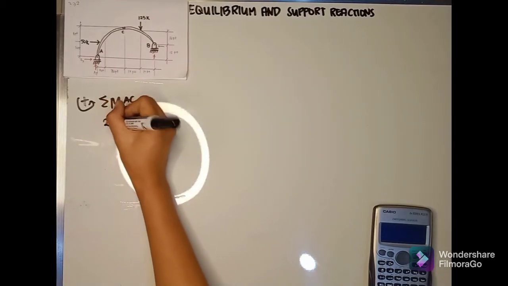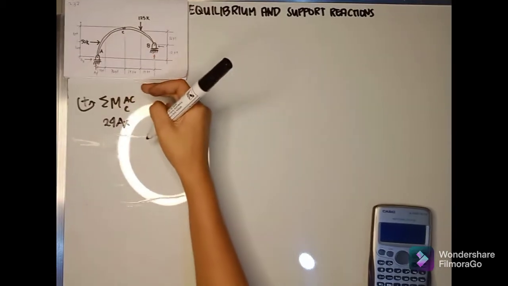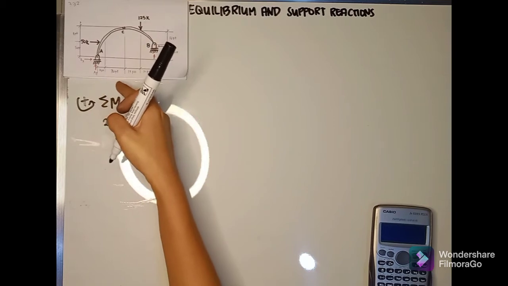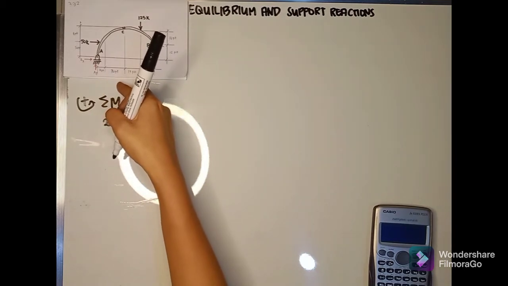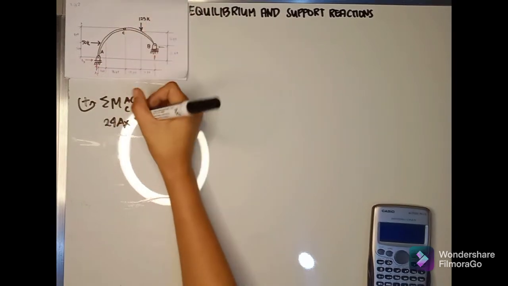So, 24 AX, then AY, 12 plus 36, its moment arm is 48. AY is negative because of its rotation.